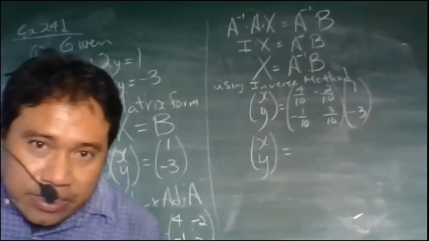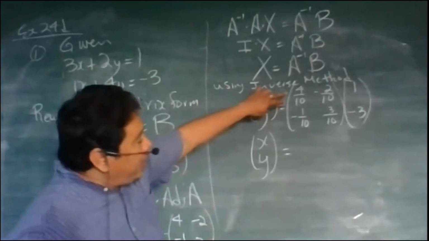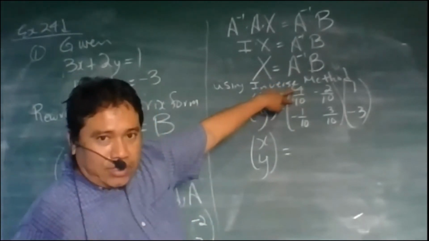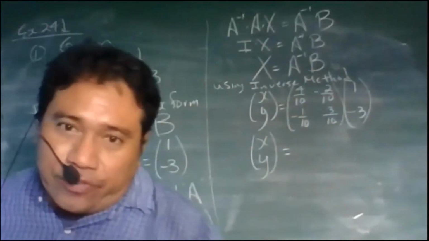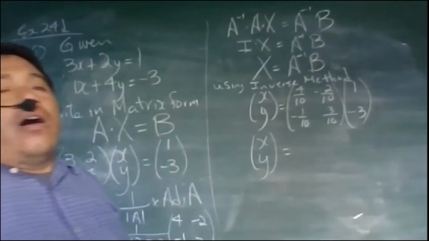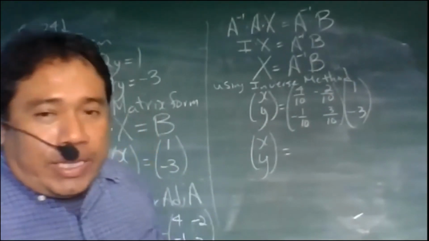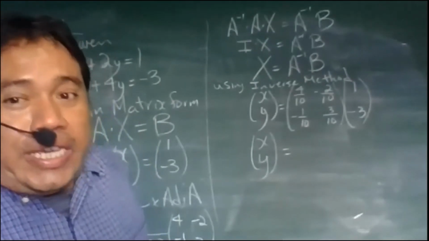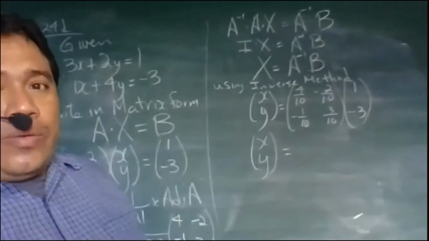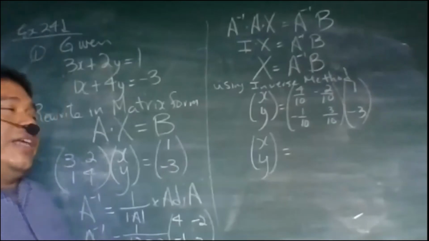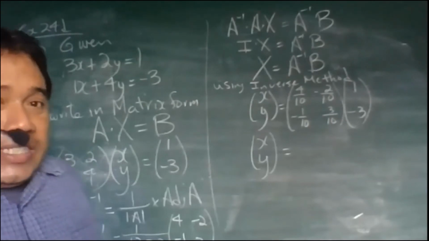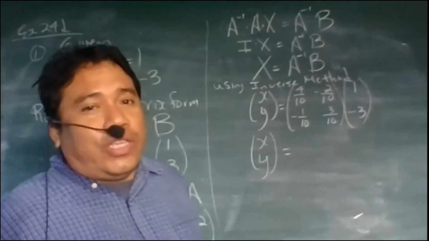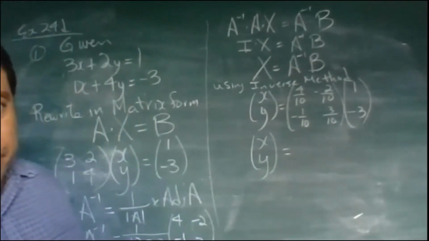I did not bring down the 4/10 to 2/5. I did not bring down the -2/10 to 1/5, because I want all of them to have the same denominator just in case I need to calculate with them. So if I need to add or subtract, and they already have the same denominator, I don't need to go looking for an LCM.